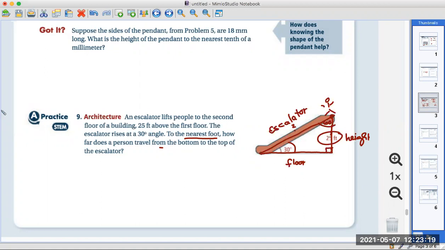So I'll call this X, the unknown quantity. All I know is this height, and I know it's a 30, 60, 90 triangle. So all the properties will hold.